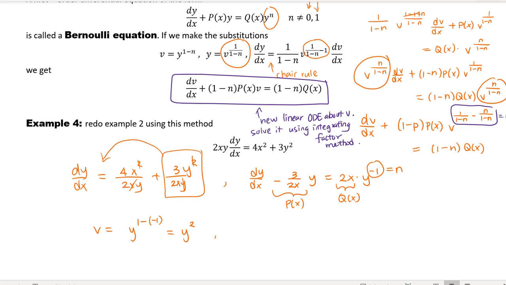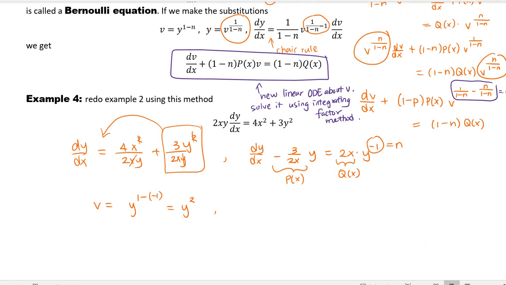Then we're going to plug in here. So this formula, we get dv dx plus 1 minus n, which is 2, times p of x, which is minus 3 over 2x, times v equals 1 minus n, which is 2, times q of x. q of x is 2x.